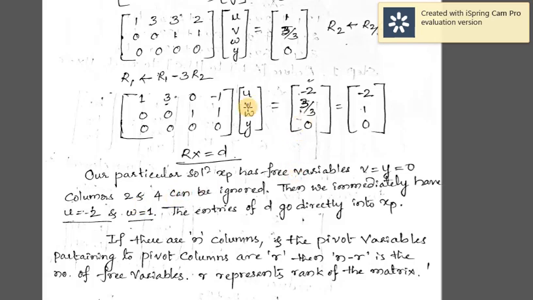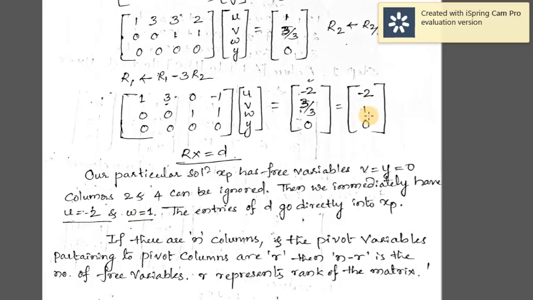So here this is u, and the second one has to be considered as w, because v and y are not the pivot elements, pivot columns. So let's leave those v and y. So the value of u is considered to be minus 2, and the next pivot element after u is w, and for this w the value is considered to be 1.